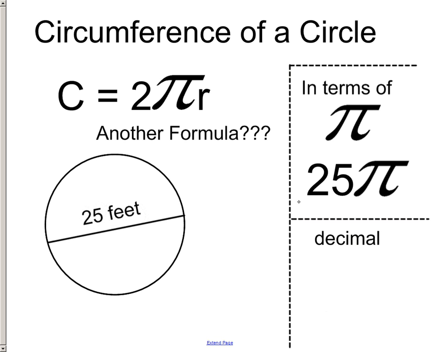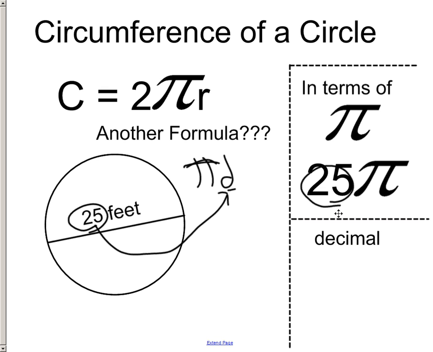Now, here's the thing. Do you notice that the diameter was 25, and when we left it in terms of pi, it was 25? That's because there's another formula. Sometimes we call it pi d, and that's just where we literally slide the diameter right next to pi, and of course we know to put that number in front of pi when we write out the answer.